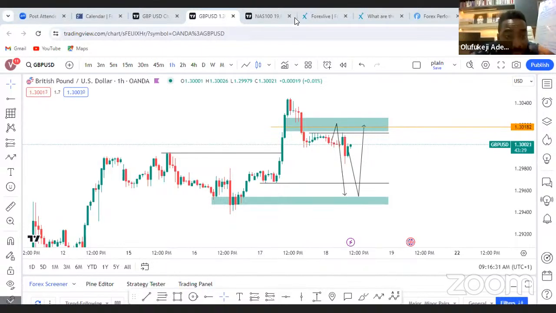So if I want to buy now, where price is now, and price just starts buying immediately to the upside, I will wait for it to close that red fair value gap. When it closes that red fair value gap to the upside with force, then I will wait to see if it retests it and then continues its move to the upside.